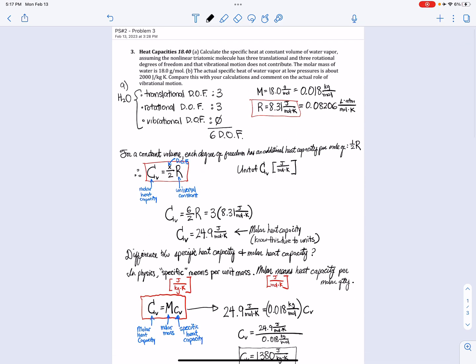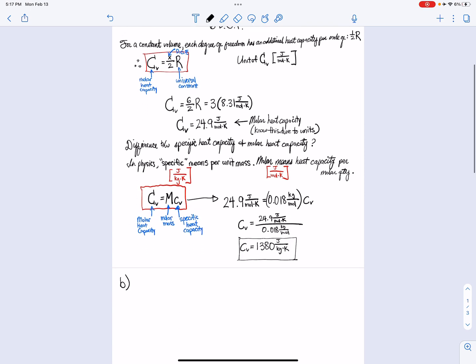The actual specific heat of water vapor at lower pressures is about 2,000 joules per kilogram Kelvin. Compare this with your calculations and comment on the actual role of vibrational motion.